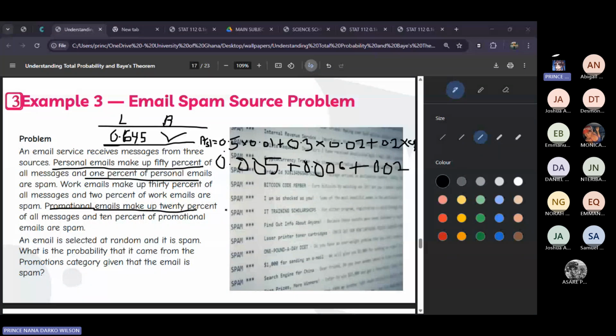So if your denominator was this, then you were already on the right track. Now let's find out what our numerator is. The question says that we are finding the probability that an email selected at random is spam, what's the probability that it comes from the promotions category?